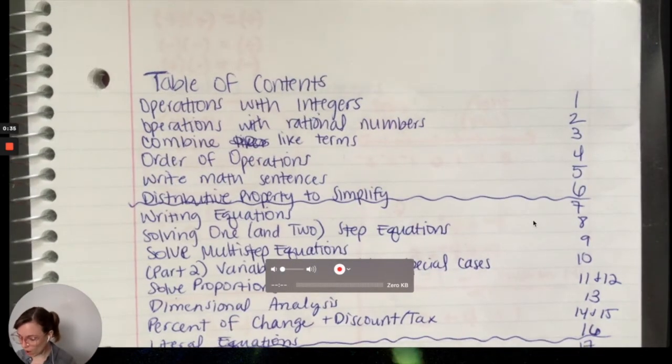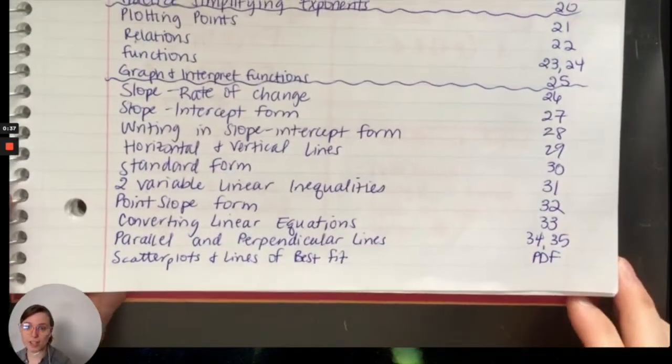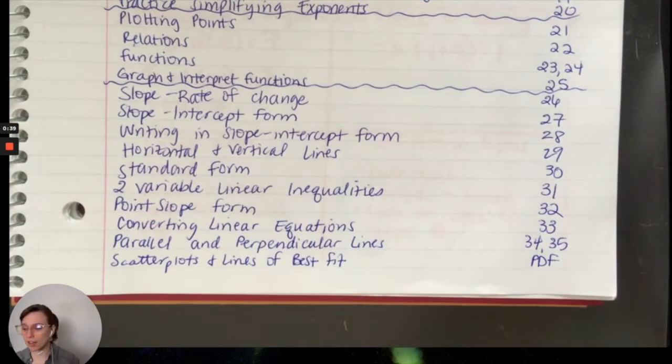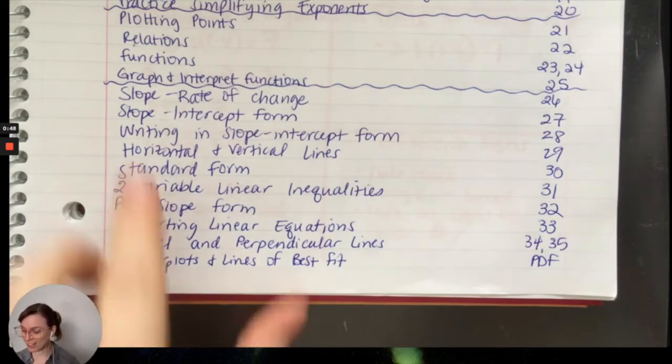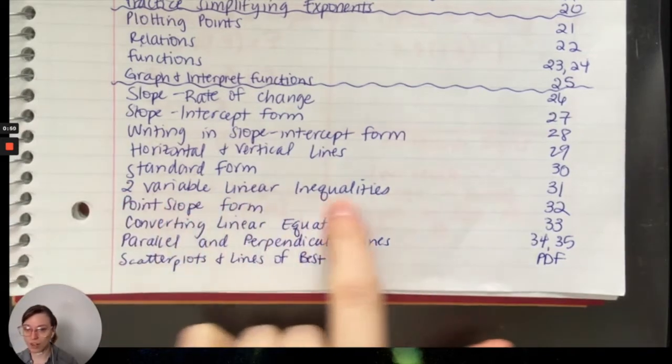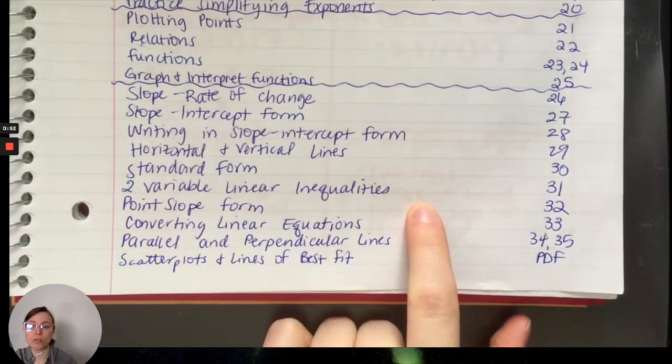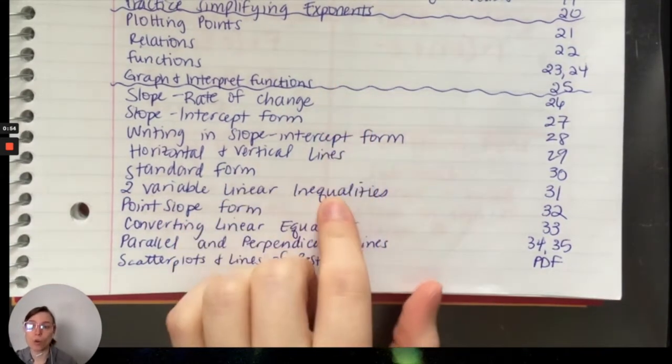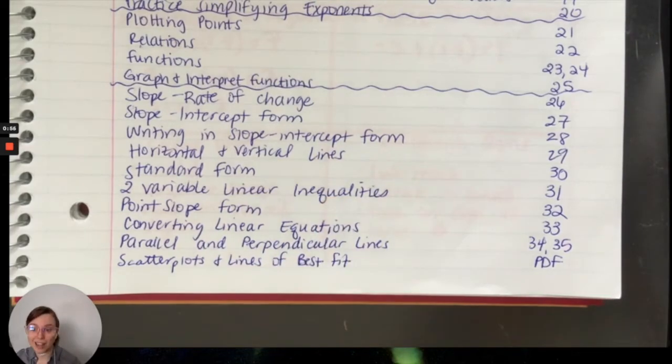All right, so we have a whole new unit. If you are in my live classroom and we're working with this together, I would break this into two sections. After two variable linear inequalities, there'd be a huge review section just to make sure this whole first half of the unit stuck in your head.